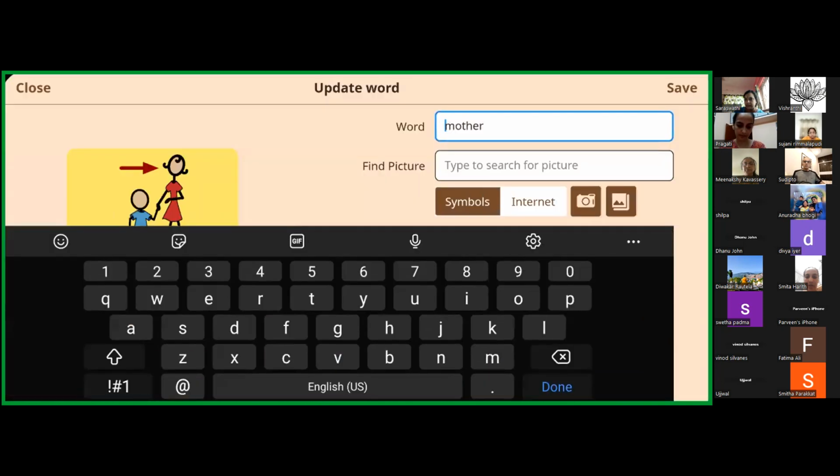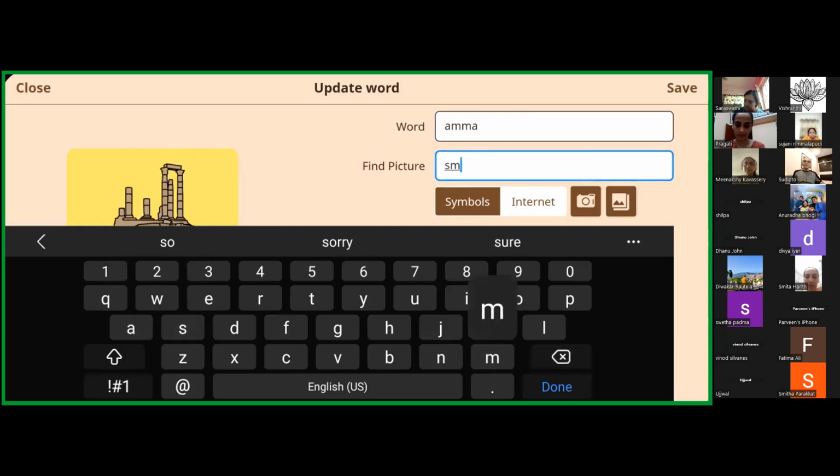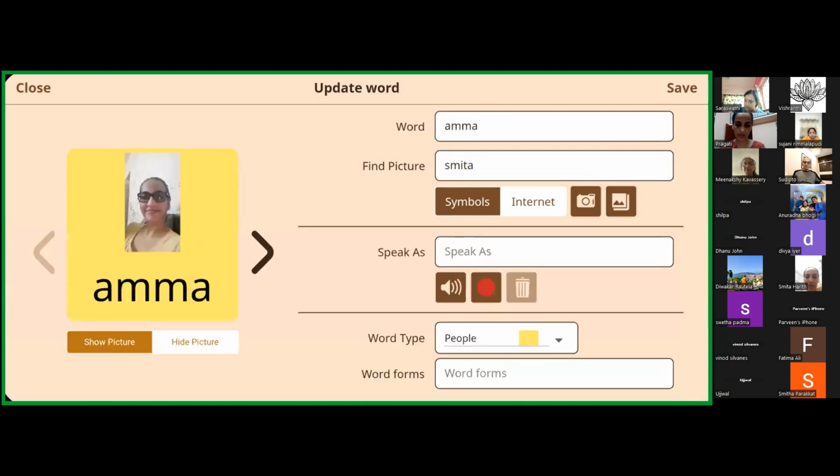Let's say nobody calls anybody mother. So we say Amma. Okay. And here even the picture can be your own picture.